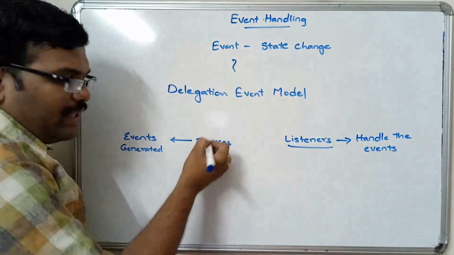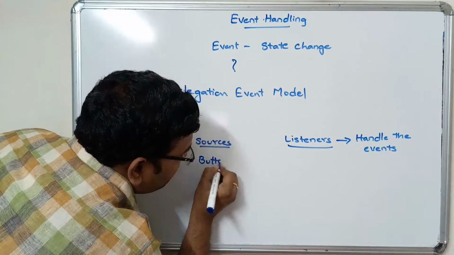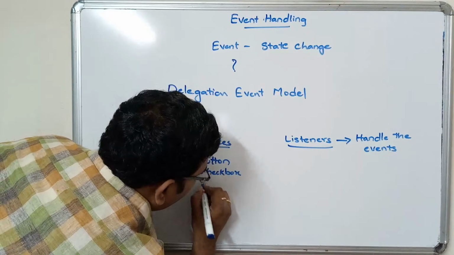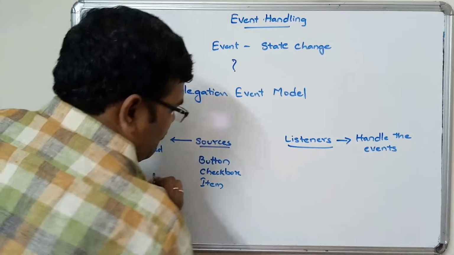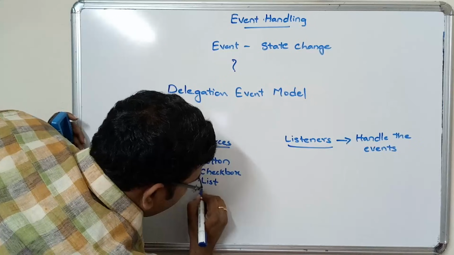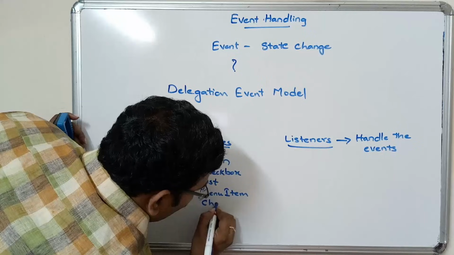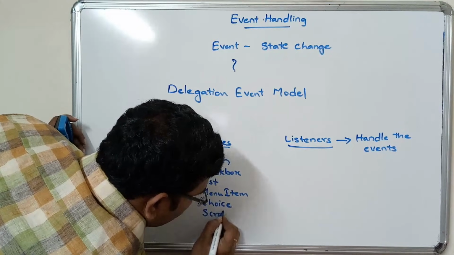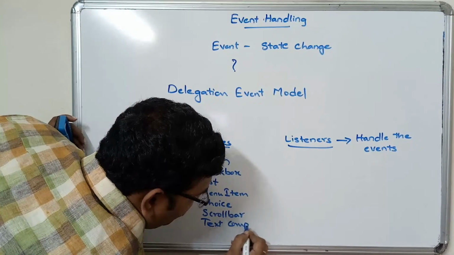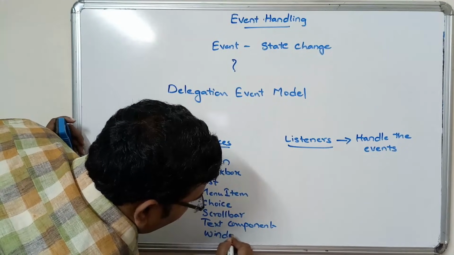Now, there are different sources which will generate these events, like button, checkbox, list, menu item, choice, scroll bar, text component, window, right?